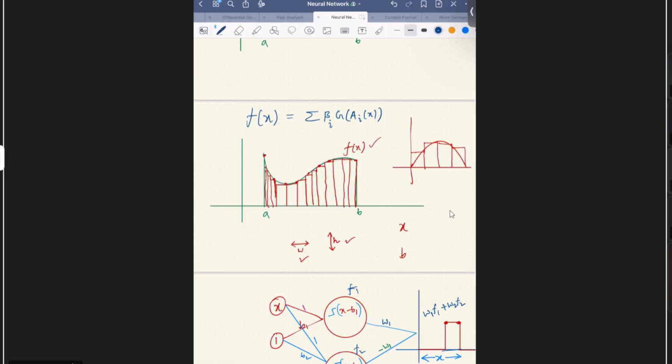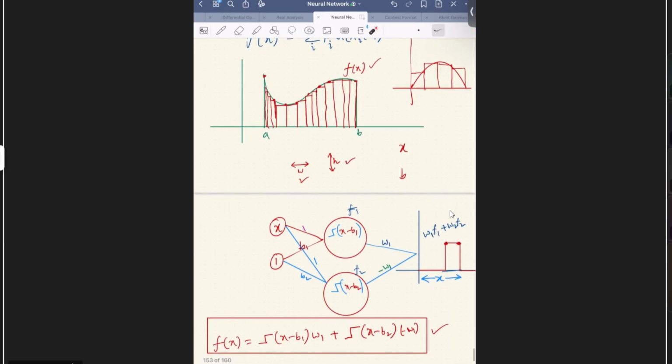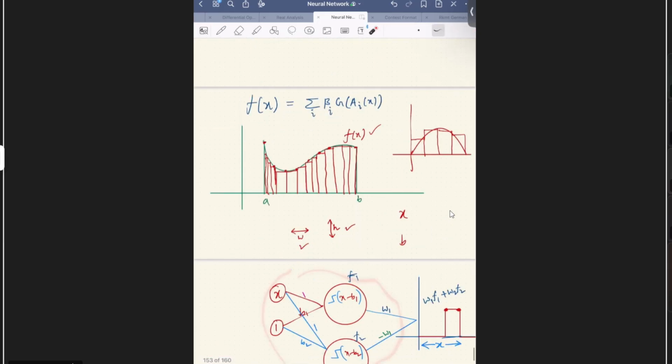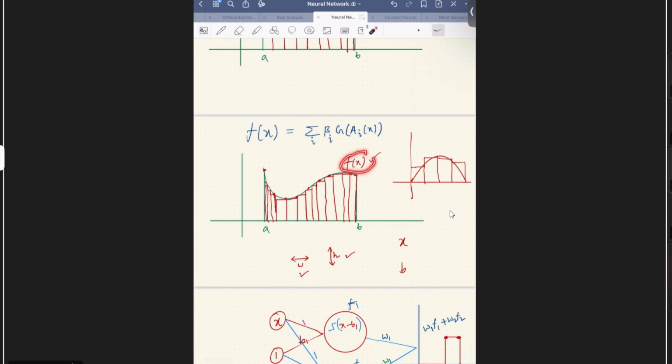We can write up a function from the sigma nets, over i, where i is representing the neurons. So this is the same whatever we have written here. Now we are saying that any function f of x, no matter whatever function f of x you give me, I can closely go to any given target function. That's what we have seen theoretically.